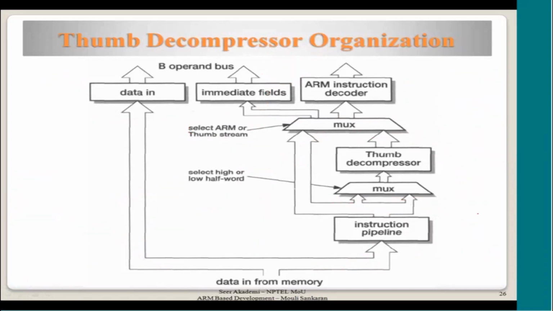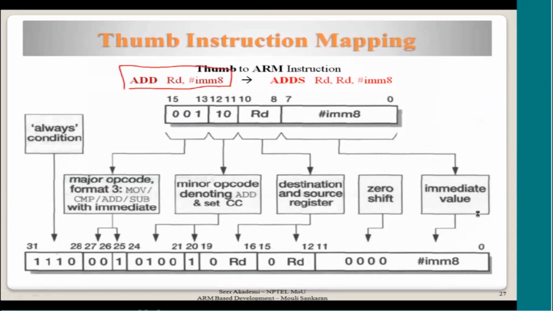As an example, suppose you have written an instruction like this in Thumb state. What does it mean? There is no condition code, EQ or NE is not there, so it is always executed. And there is no S here, but it is assumed by default, so it will affect the condition flags.